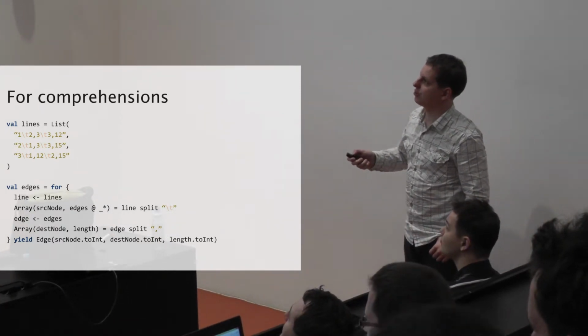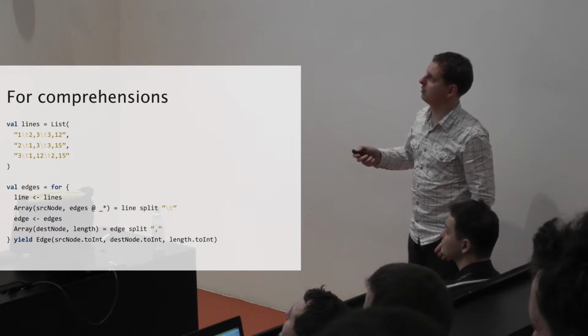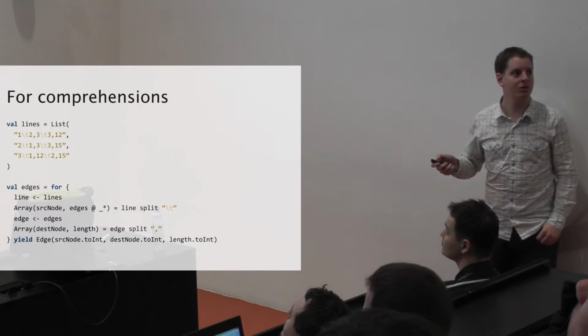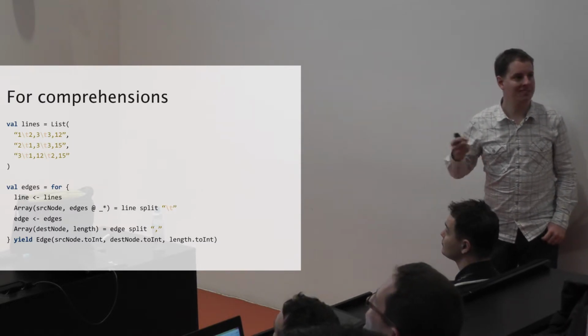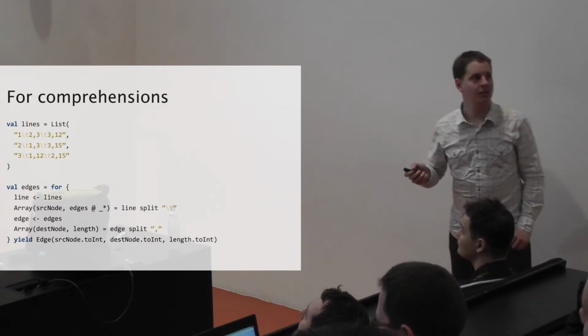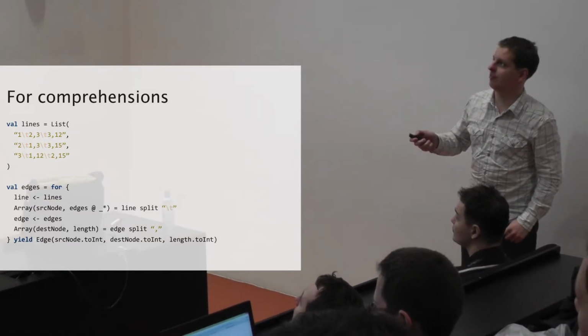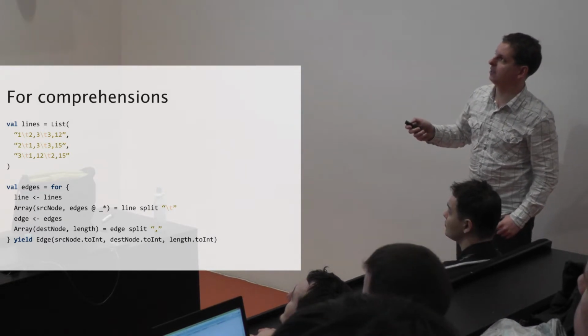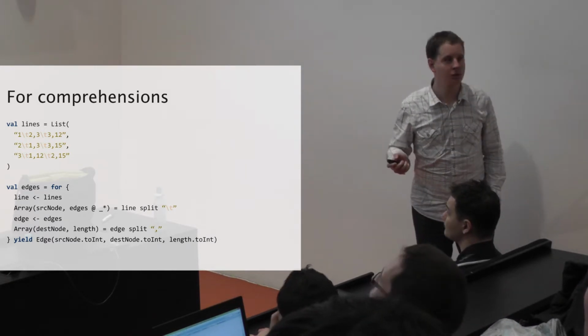And for each edge inside of the edges, you can see there is no type information inside, but it's inferred by the compiler for you. The lines is a list of string. Therefore, line is a string. String has a method split, which returns an array of string.